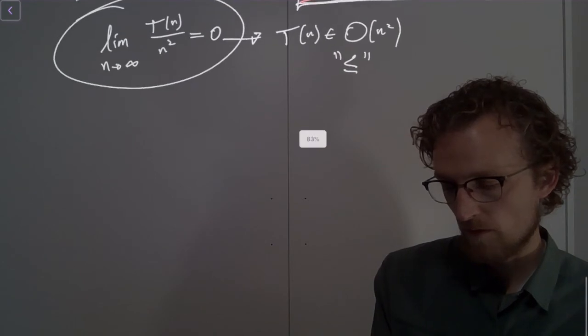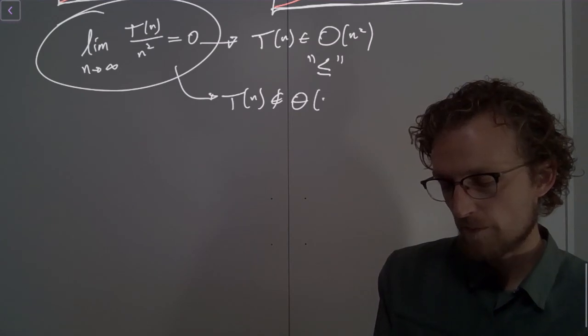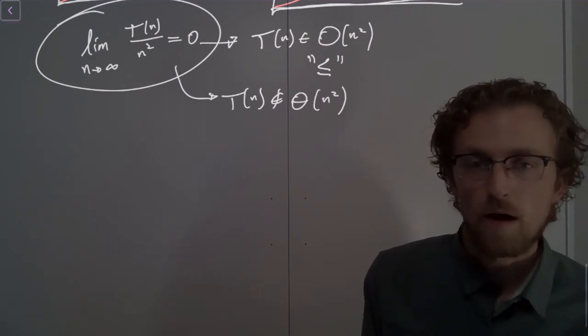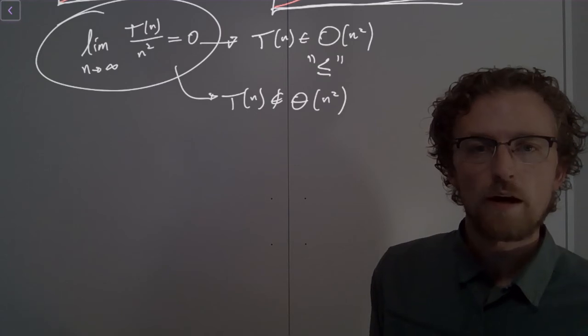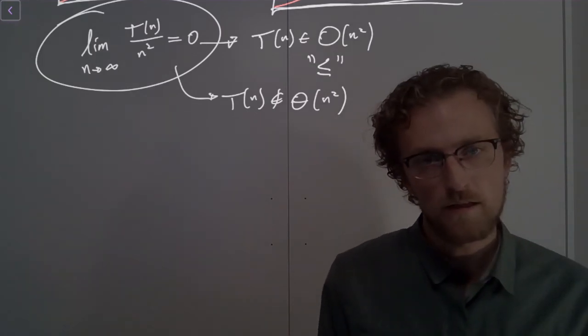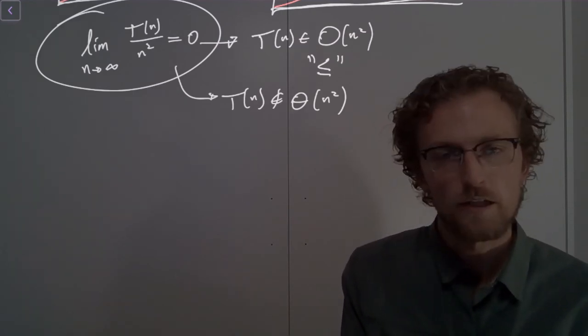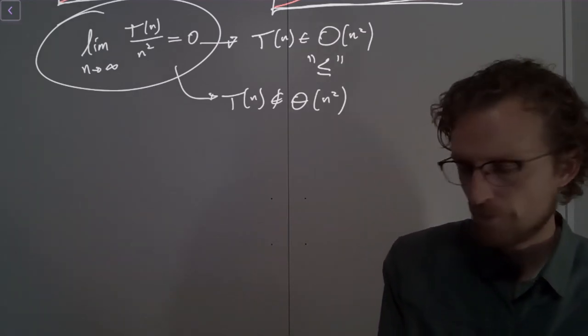If this limit evaluates to 0, that had better mean that t of n is not big theta of n squared, because it can't keep up. If it were big theta of n squared, it would be able to keep up and at least still show up on the same set of axes. But if t of n just squishes down to 0, then it's clearly not big theta of n squared.